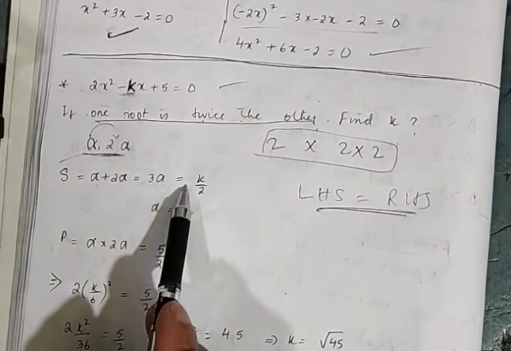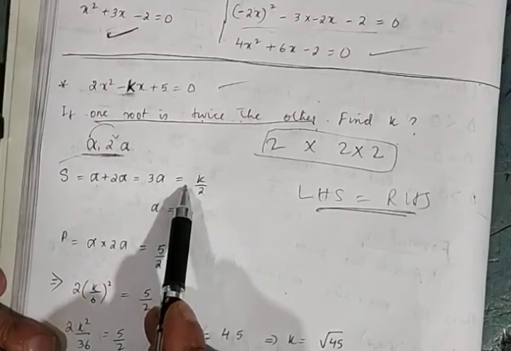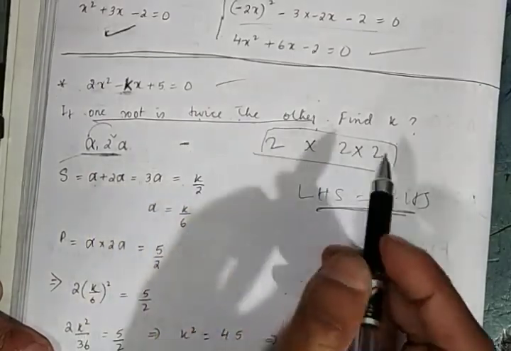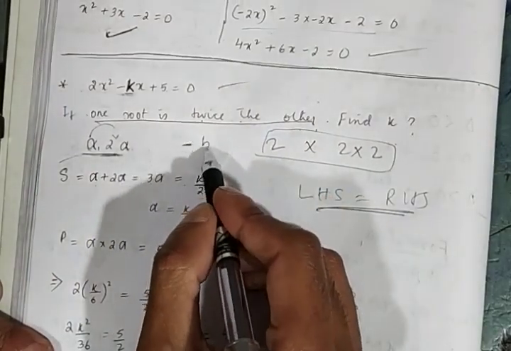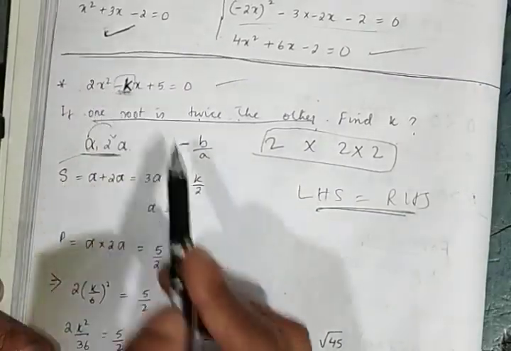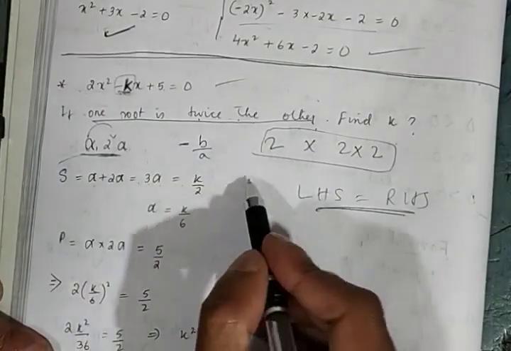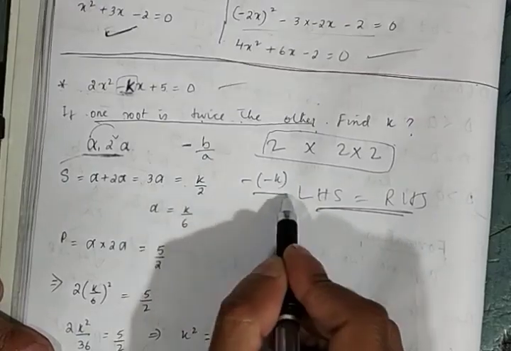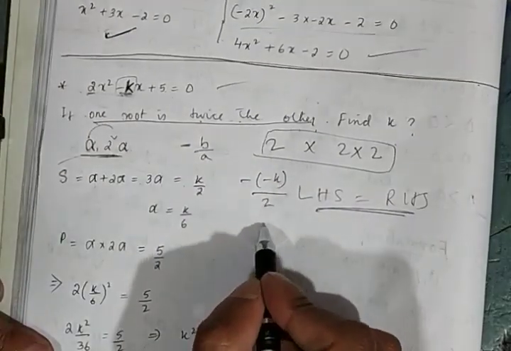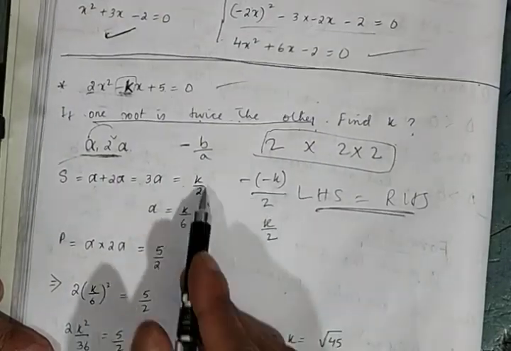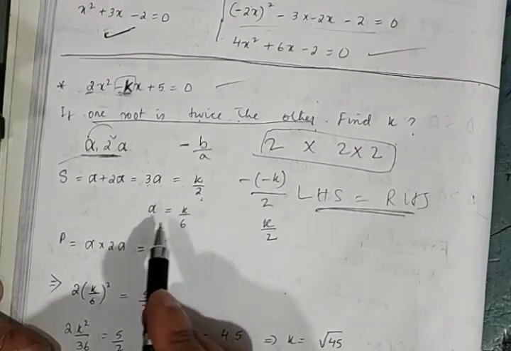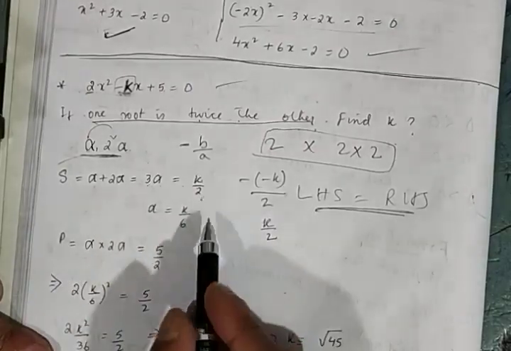And based on the formula, sum of the zeros is minus coefficient of x, minus b by a. Remember, coefficient of x here is minus k. Minus of minus k, divided by coefficient of x square, which is 2. So this becomes k by 2. So 3 alpha is k by 2. So what is alpha? K by 6. Just shift down. This is one part.